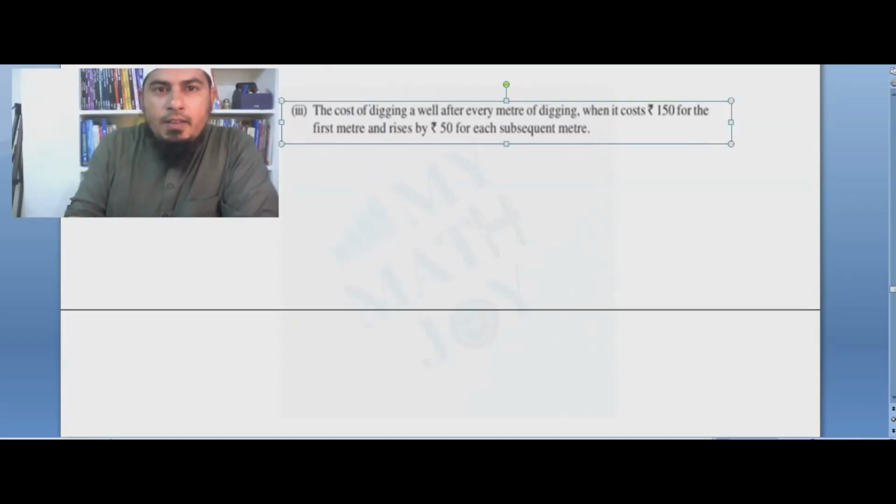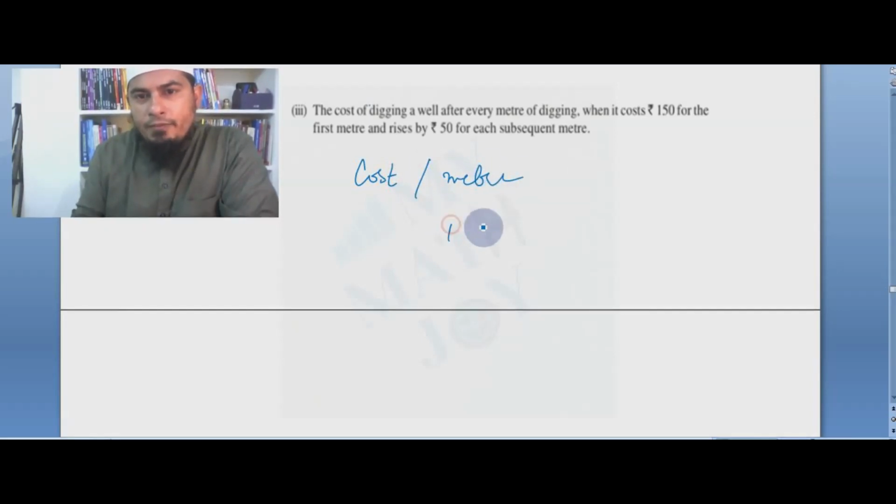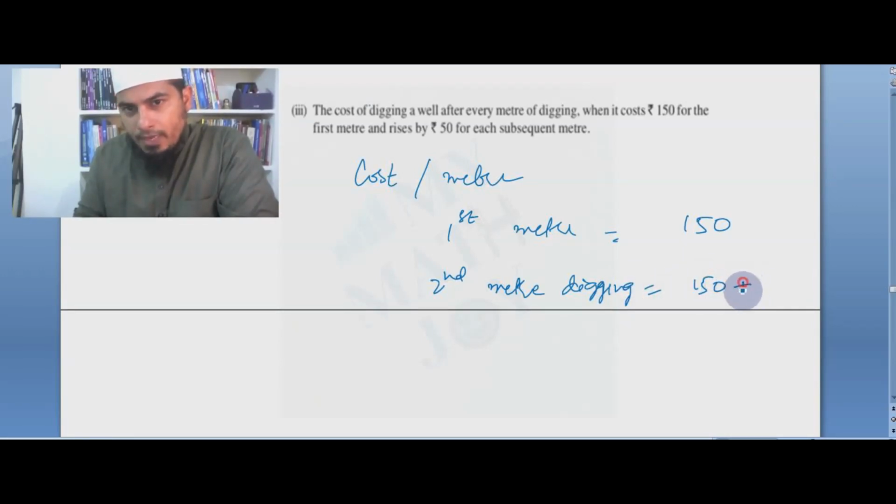Let us see the cost of digging a well after every meter of digging. All right, for the first meter the cost will be 150. For the second meter of depth, it will become the first 150 plus 50, so it will become 200.